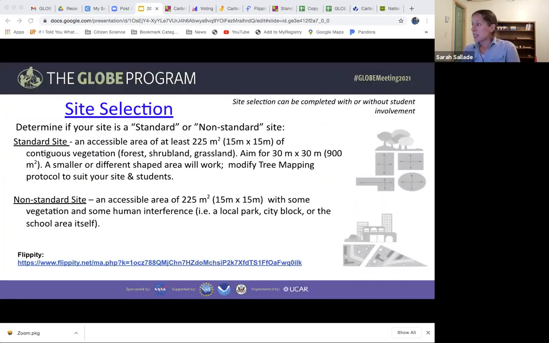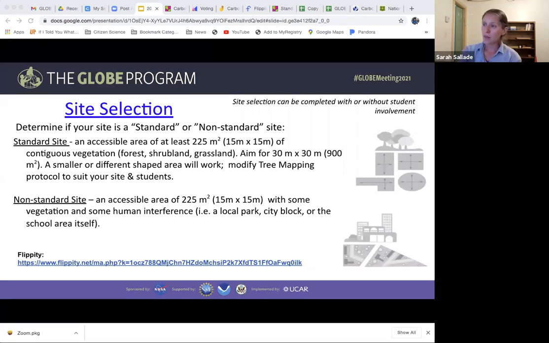Site selection is important. Of course, most of you have been involved in GLOBE for some time, and so you're familiar with different sample site setups, depending on if you're doing precipitation or land cover. So carbon cycle can be very similar to the land cover sample site setup. You can do a 30 by 30 meter square, but you don't have to.